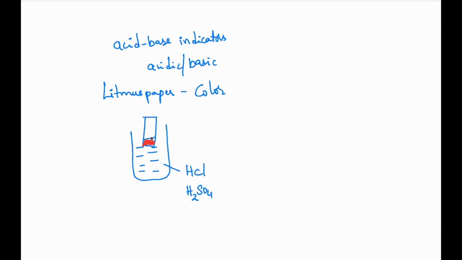When we dip a blue litmus paper in acidic solutions like HCl, sulfuric acid, or even nitric acid, then the blue litmus paper will turn red, indicating that the solution is acidic in nature.